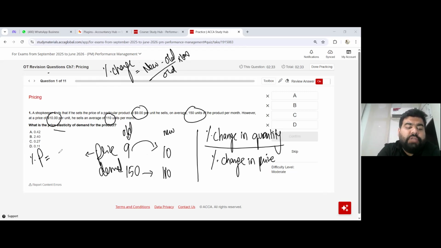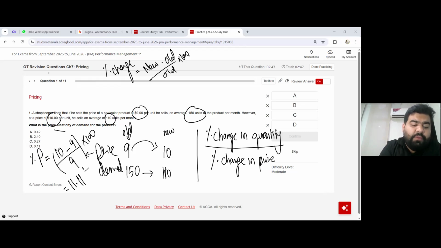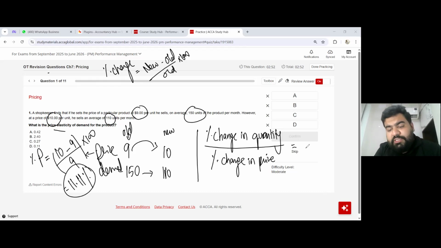So new amount was 10 minus 9, divided by 9, into 100. It will be 1 divided by 9 into 100. It means that the percentage change is 11.11%. This is the percentage change in price.